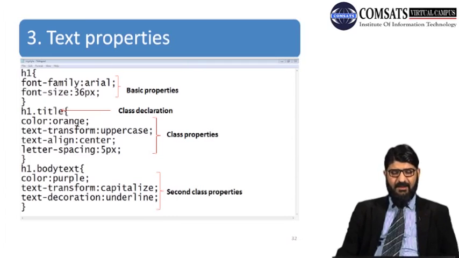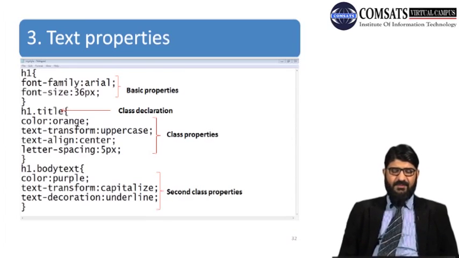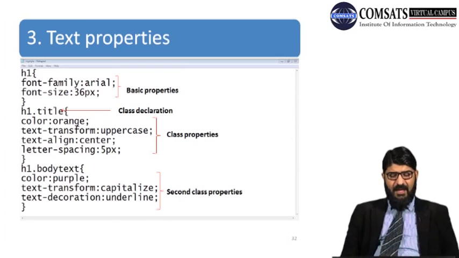Then the second class, that is the body text. So h1.bodytext is referred, and the properties are: the color property, the value is purple, and then text transform, capitalize is mentioned, and then text decoration is given as underline.